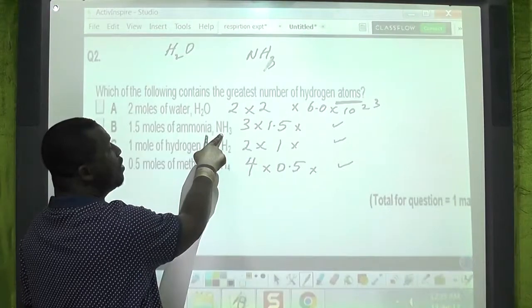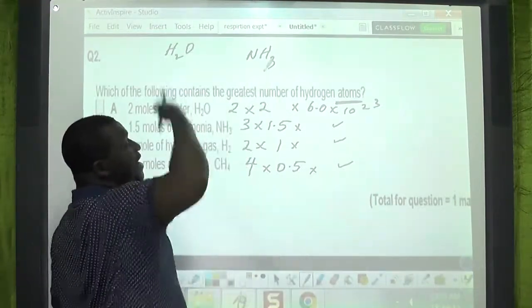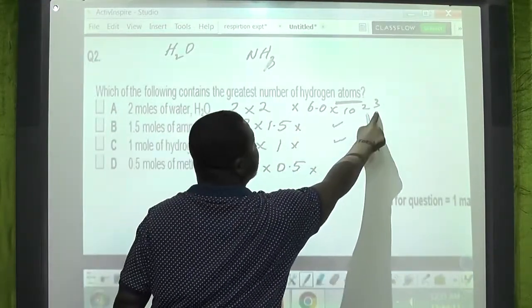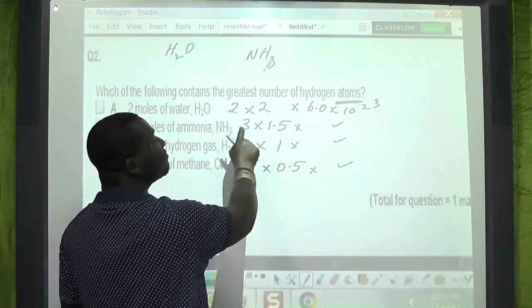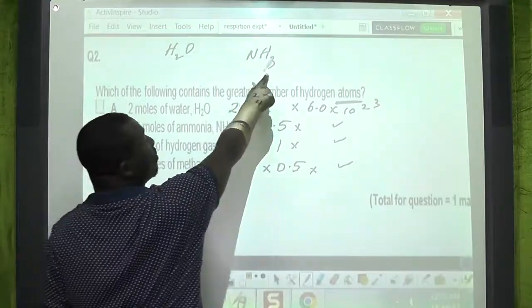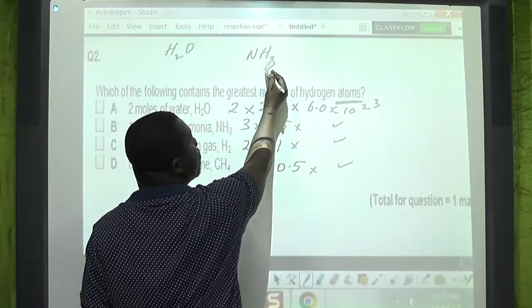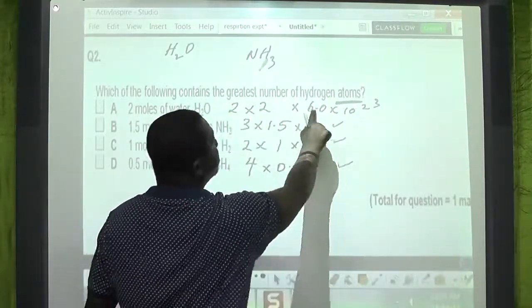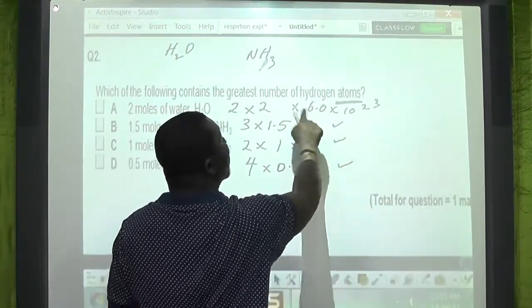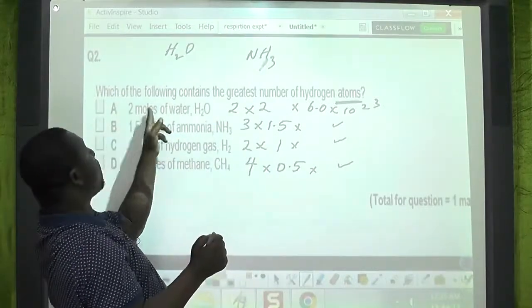NH3 in 1 mole is multiplied by 6.0 times 10 to the 23. But we are talking about how many hydrogen atoms there. So 3 in 1, multiply by this number; 2 in 1, multiply by this number. But we're not talking about that, we're talking about 4 now.